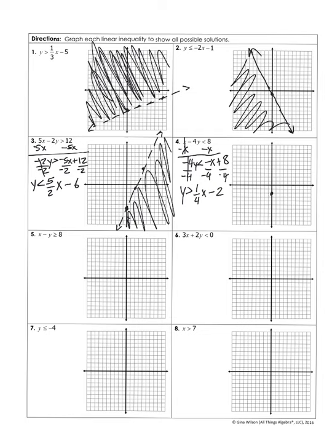Plot the y-intercept at y equals -2, and the slope is up 1 over 4. Up 1 over 4. Down 1, left 4. And since this is greater than, I have a dotted line. And since it's greater than, I have to shade above it.